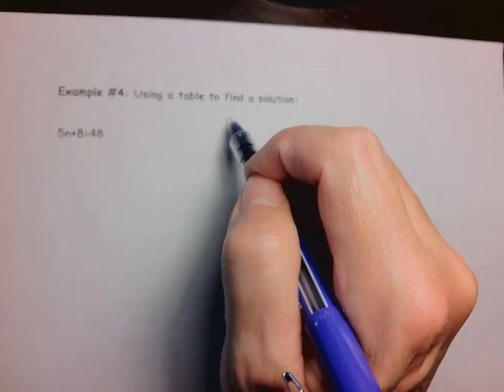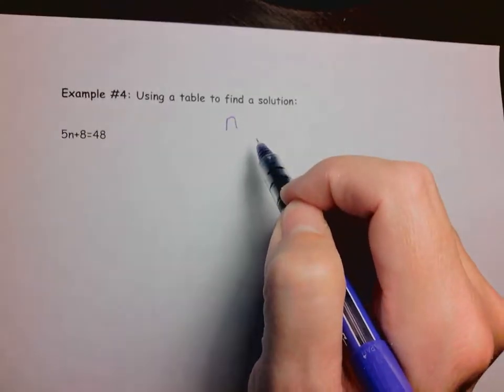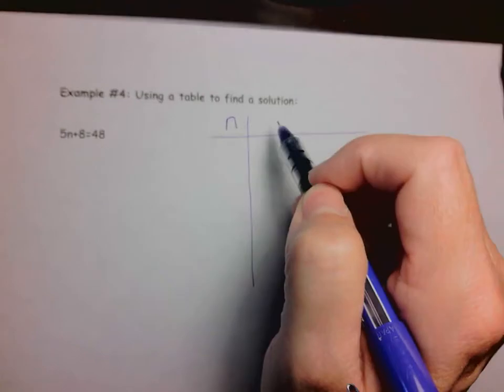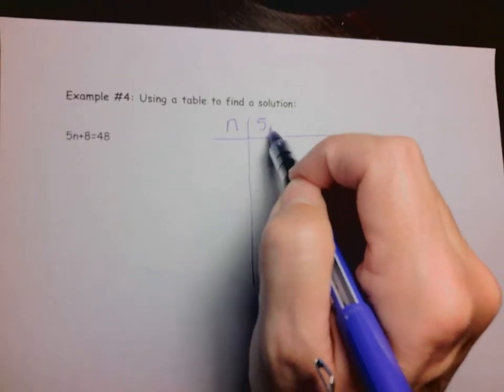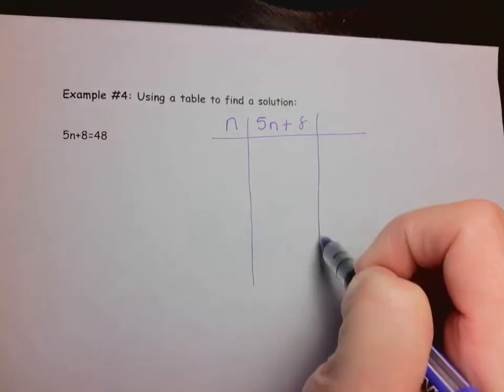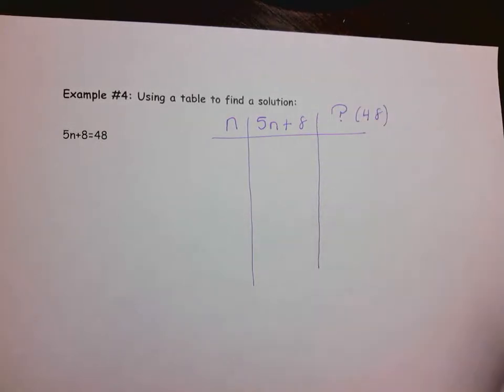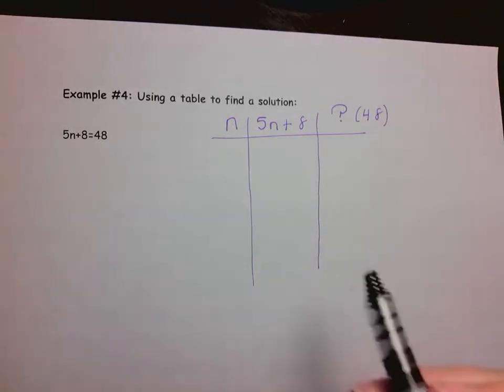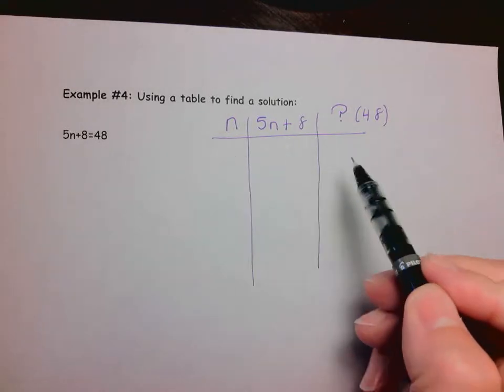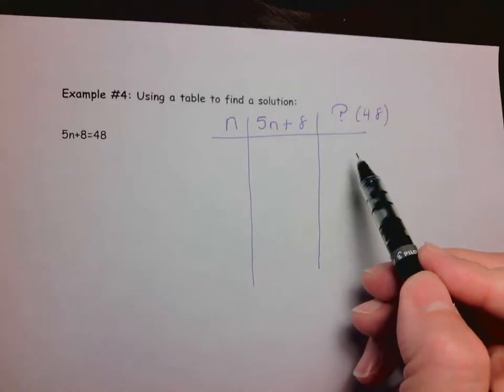So this is what I'm going to do. I have my input n, and I have my function 5n plus 8. And what I'm trying to do is figure out what is the value of n that will give me an output of 48.